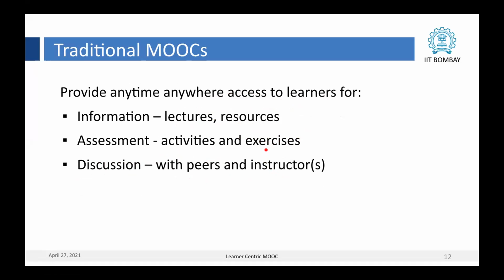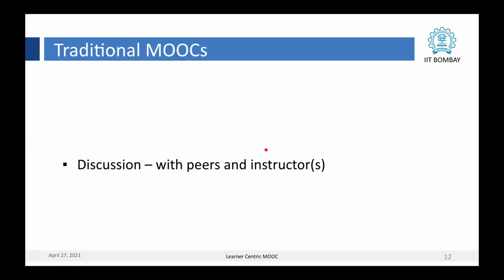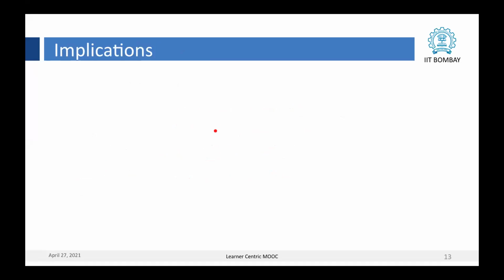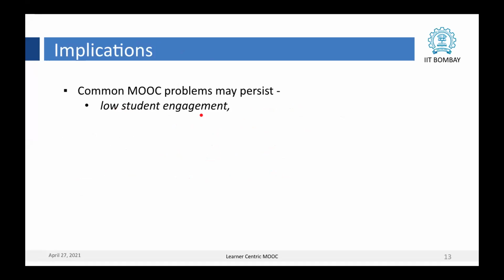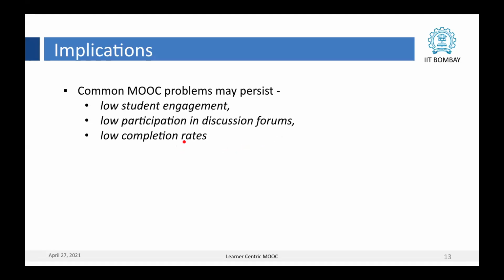This is what traditional MOOCs offer. And the common MOOC problems that may persist are low student engagement, low participation in the discussion forums, and low completion rates. These are really important to think upon whenever somebody wants to go online and create MOOC-type courses.